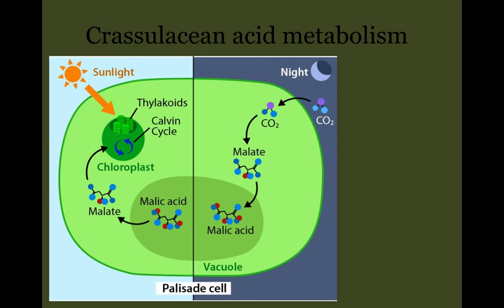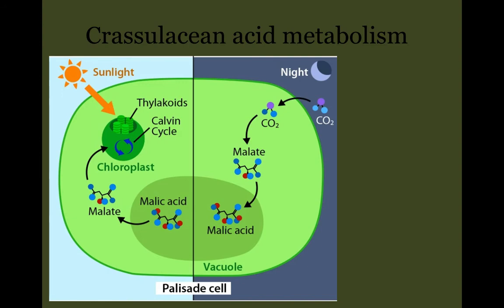You don't have to know that, just know CAM plants. But if you were curious, that's what it stands for. And this refers to the fact that they store their carbon dioxide as an acid. So what these plants do, and the main reason they do this is because they live in really hot environments. So their want to separate these processes by time is twofold.